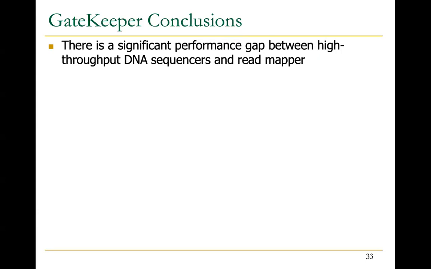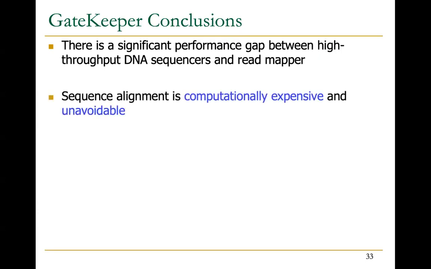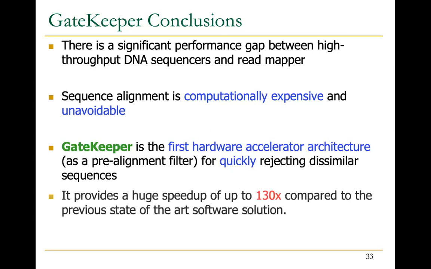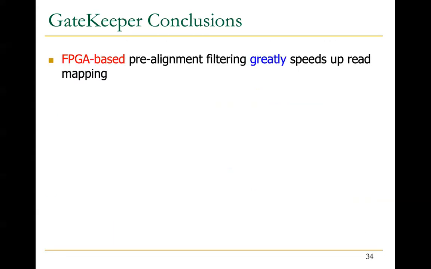So there is a significant performance gap between high throughput DNA sequencers and read mappers. And sequence alignment is computationally expensive and we cannot avoid it, as we all agree. So GateKeeper was the first hardware accelerator at that time for quickly rejecting dissimilar sequences. And it provides a huge speedup of up to 130x compared to software solutions.